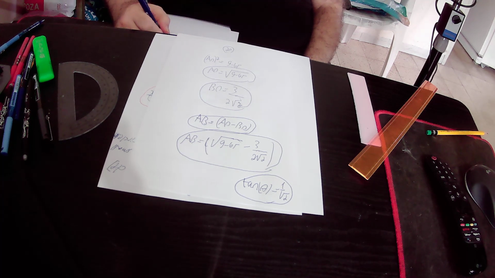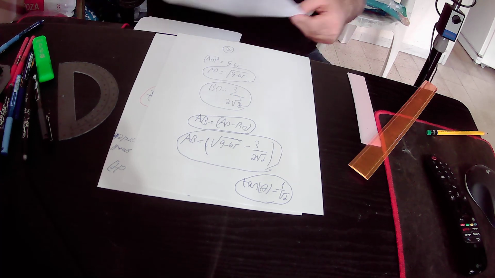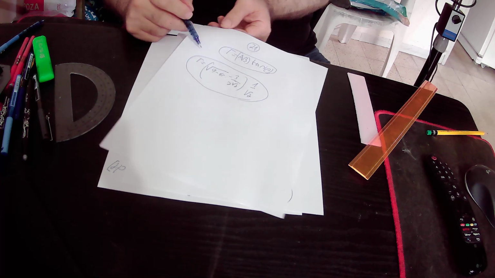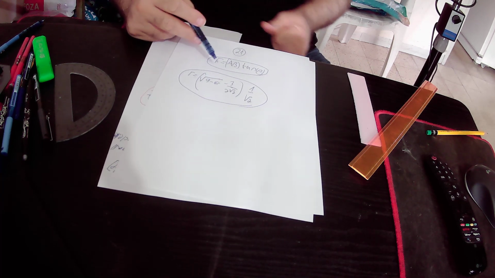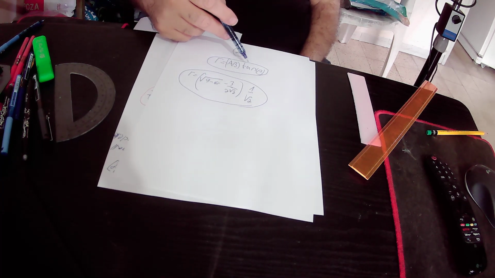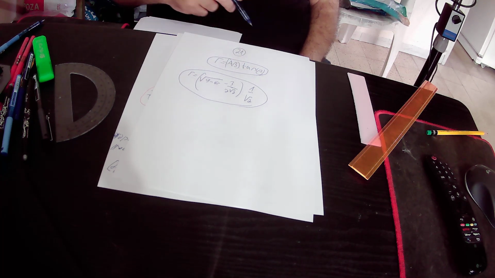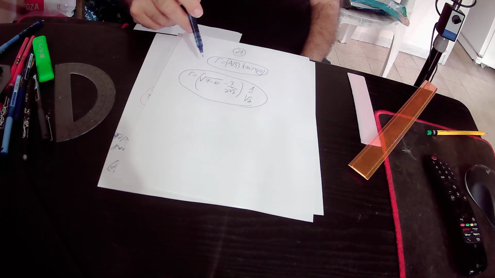And the value of tangent theta is 1 over root 2. Okay? So this is what we got after we substituted AB by its value, and tangent theta by 1 over root 2. Here we will multiply this equality by root 2.